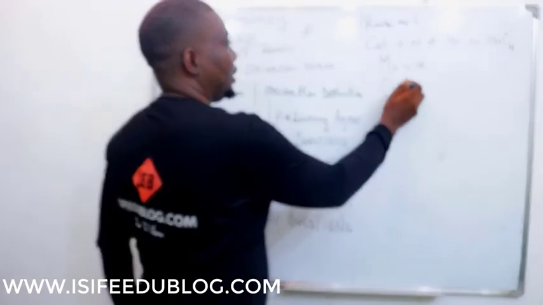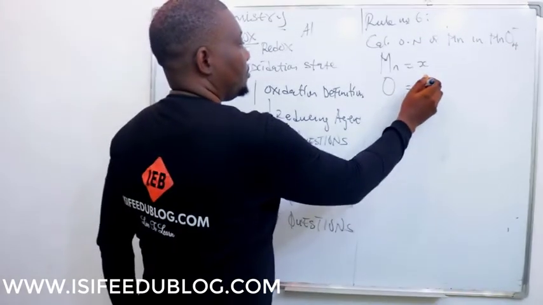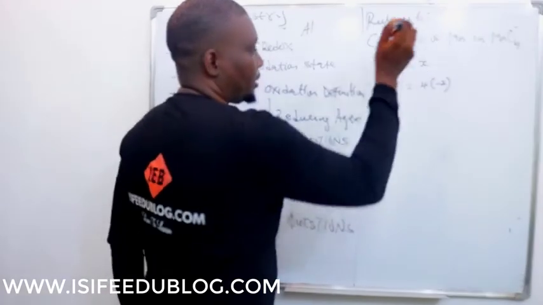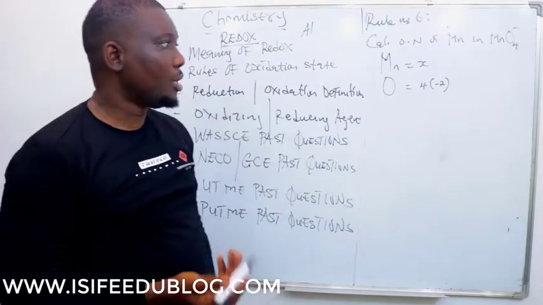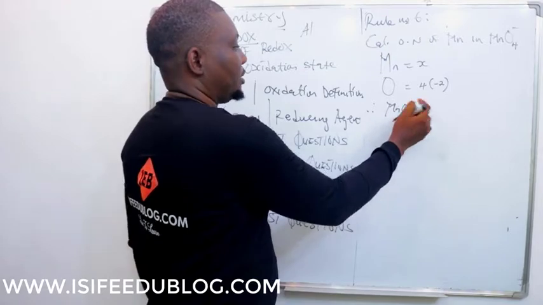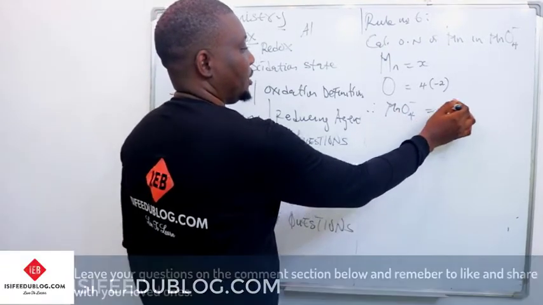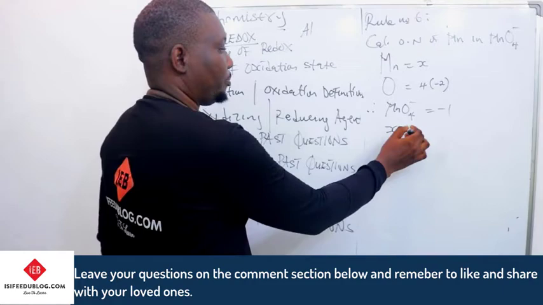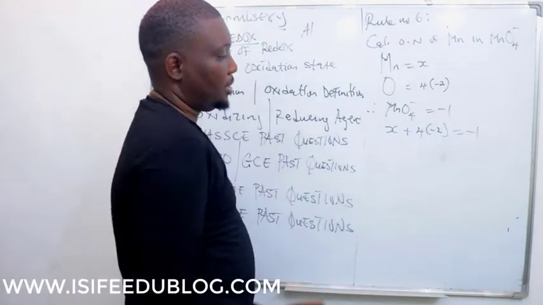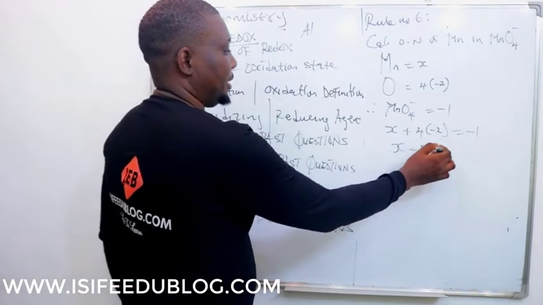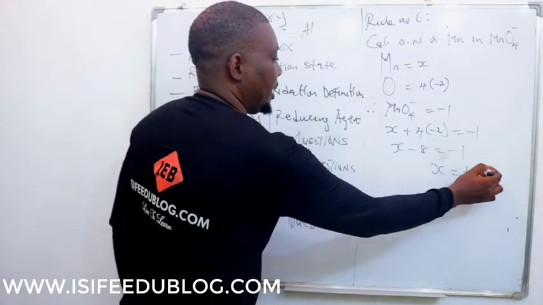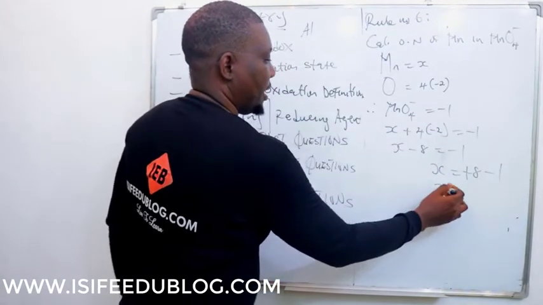And then oxygen to be 4 of its oxidation state, which is -2. The sum of MnO4 minus, since it's -1 here, so the sum of everything should be -1. So x plus 4 atoms of -2, everything is -1. So x minus 8 equals -1. And so x equals, here becomes plus 8 minus 1.